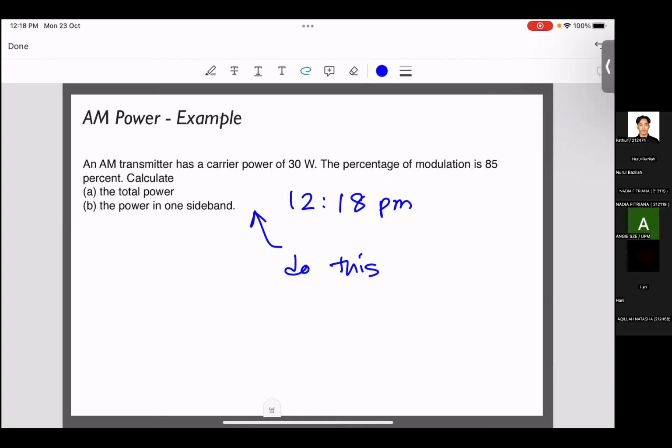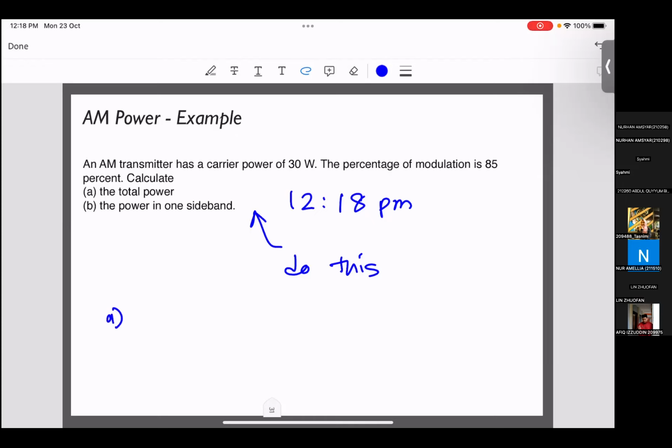Okay, time's up. Can I get Afiq to tell me the total power? Is Afiq there? Hello. Okay, so total power, how did you calculate that?